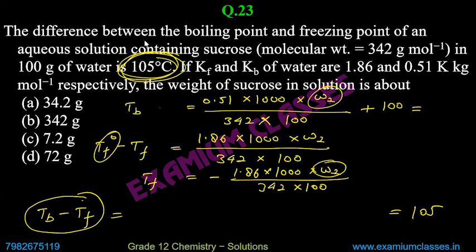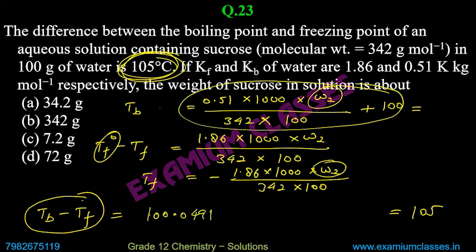0.51 into 10 divided by 352. Yes, 0.0149. So you got here 100.0491. This total value, because you have to add 100 here, minus this value.